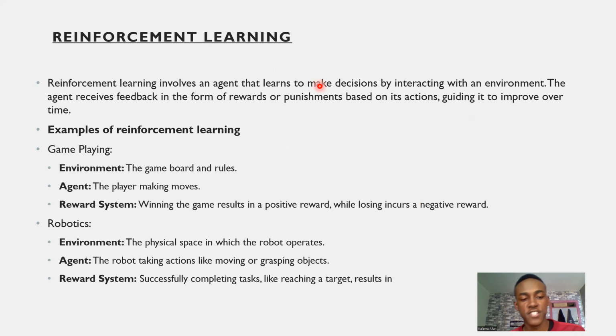So we have reinforcement learning as the third type of machine learning. Reinforcement learning involves an agent that learns to make decisions by interacting with an environment. The agent receives feedback in the form of rewards or punishments based on its actions, guiding it to improve over time. Remember, all machine learning types or algorithms learn with experience.